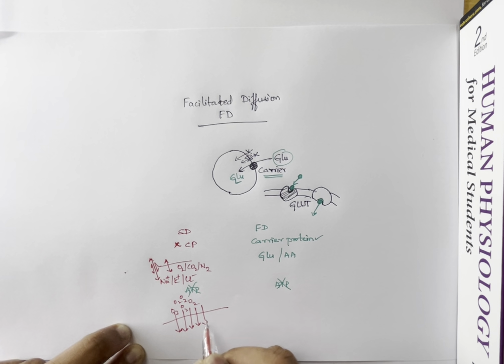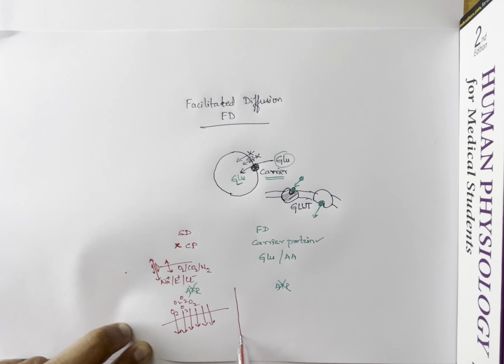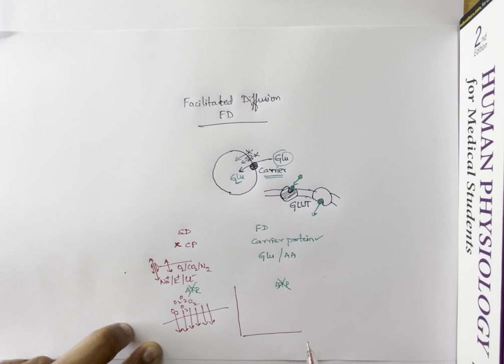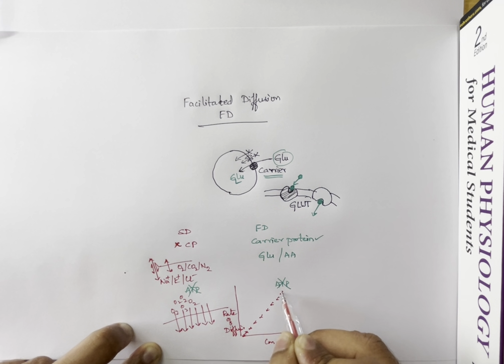Consider this a graph, with the concentration on one axis. When you increase the concentration gradient, the rate of diffusion keeps on increasing in a linear fashion in simple diffusion.